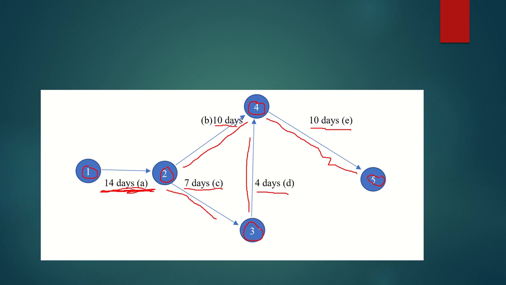Whenever you make a network, it is very important that you allot time to each and every activity. Without assigning time, it is not useful to make a network, right?